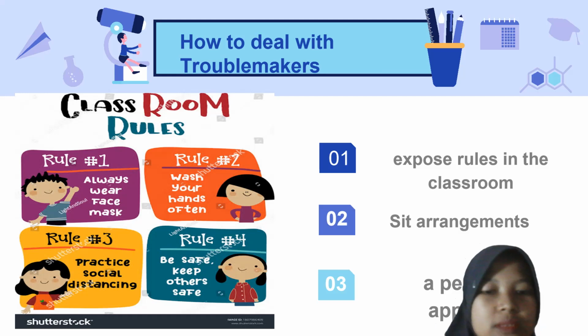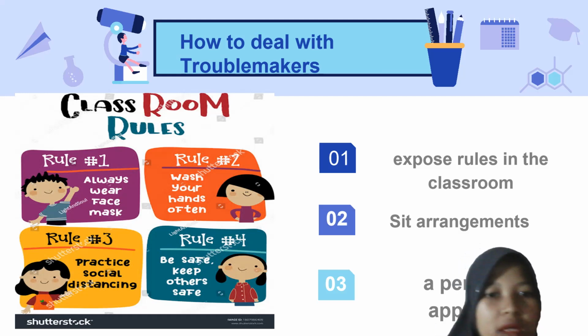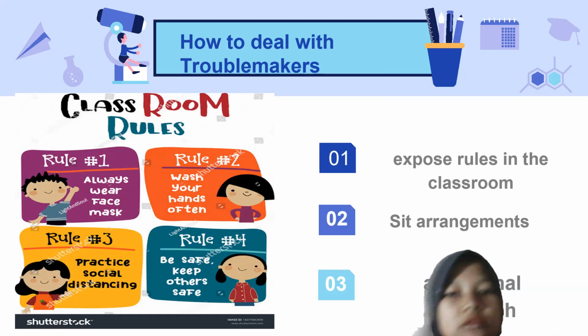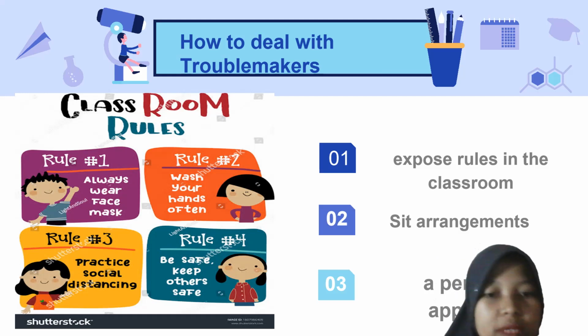And the second one is about seat arrangement. We do seat arrangement so that students don't get bothered easily. And the last one is about personal approach. We can do a personal approach outside the classroom to find out why students become troublemakers in their classroom.